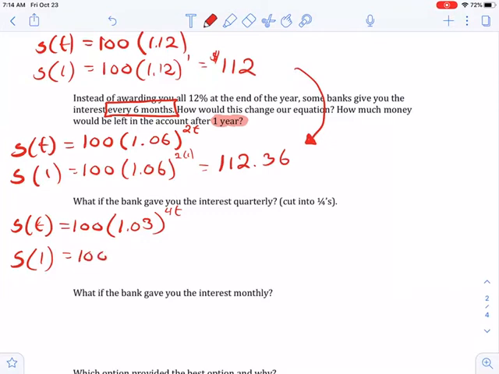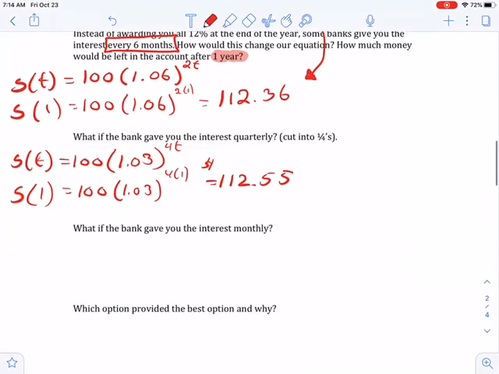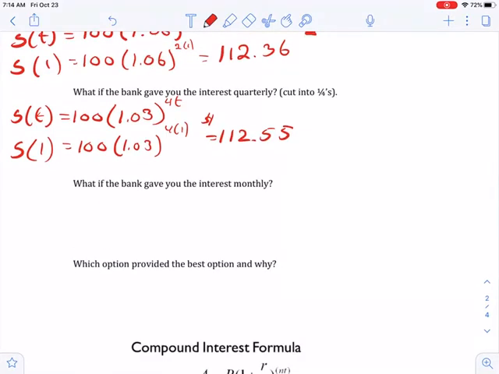So if I plug 1 year into this equation, notice this exponent is going to eventually become 4 because I'm multiplying by 1.03 four times. Now I'm going to be making $112.55. So even more, so on and so forth.